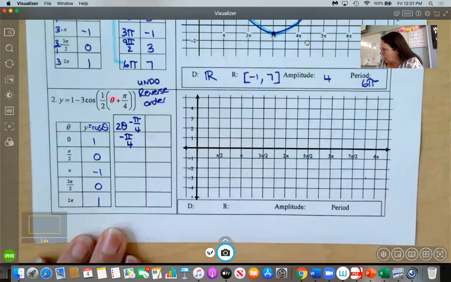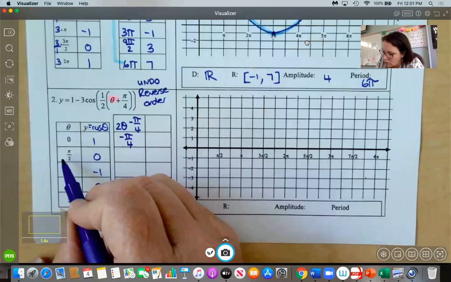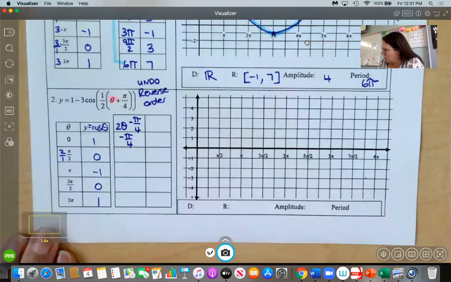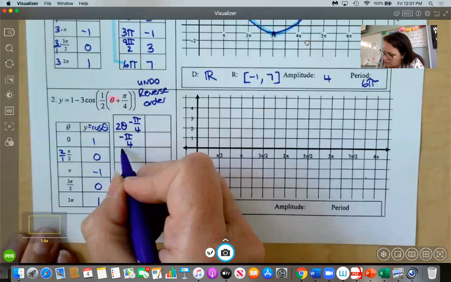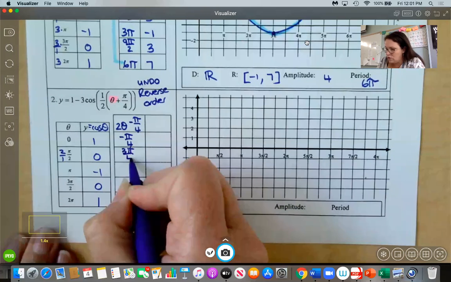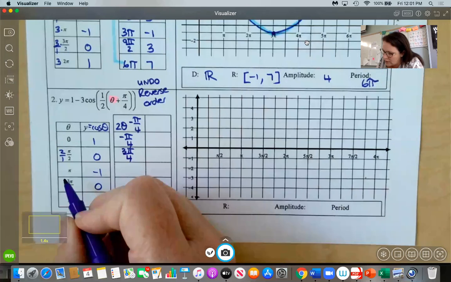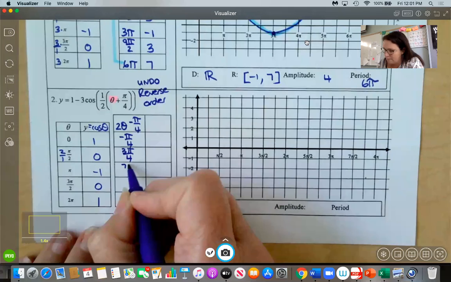If we do 2 times pi over 2, that would give us pi. Pi minus pi over 4 is 3 pi over 4. We do 2 times pi minus pi over 4 is going to be 7 pi over 4.